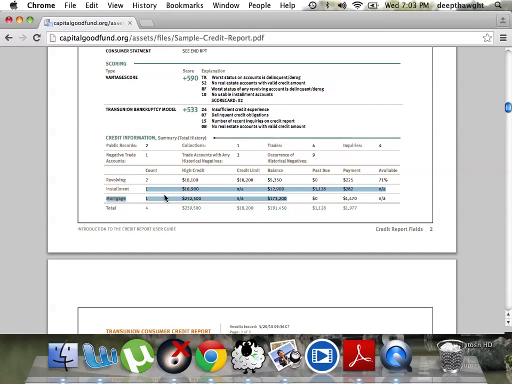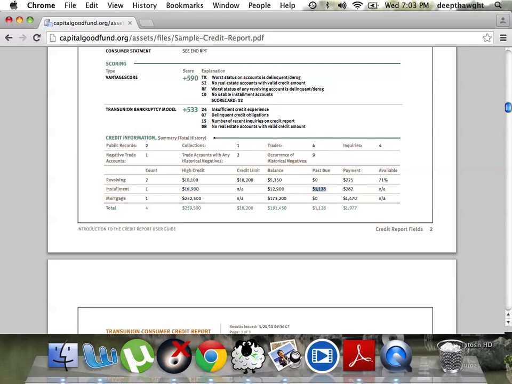Now, on this account, there's one account with a high credit of $16,900, and there is no credit limit, but the balance owed is $12,900. So they owe $12,900 on an amount of credit that was extended to them to purchase a car of $16,900.